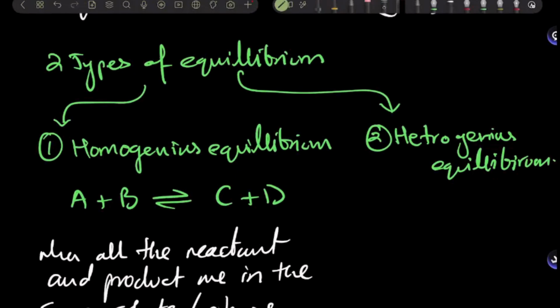So for instance, if this was homogeneous equilibrium, all of them can be gaseous. If all the reactants and the products are gaseous, what kind of an equilibrium is this? It would be a homogeneous equilibrium, right?